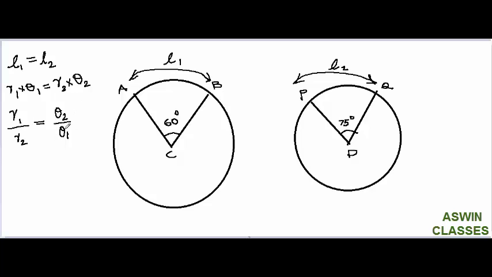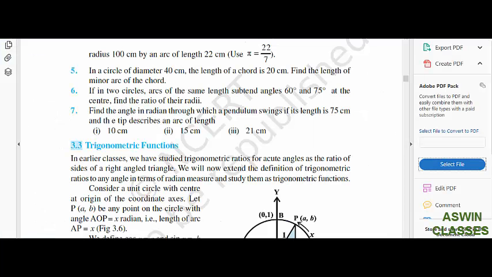So you either take it in degrees or in radians. Either way you won't get the wrong answer. So theta 2 is equal to 75 and theta 1 equal to 60. Since 15 is common for both, 5 times 15 is 75 and 4 times 15 is 60. So 5 by 4 is the answer. That is, the ratio R1 is to R2 equal to 5 is to 4.